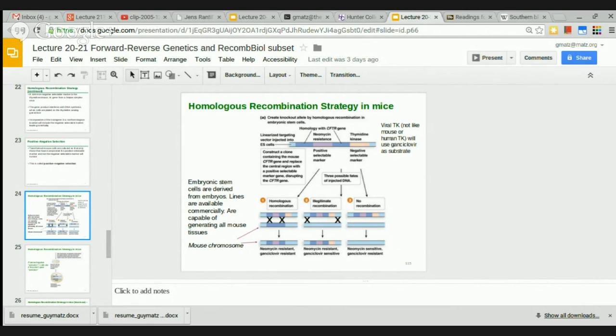In that case, you have integrated both the neomycin gene and the HSV-TK gene. So now these cells are neomycin resistant, but since they have that TK gene, they use ganciclovir, and that stops DNA replication, and so they die. So we call them ganciclovir sensitive.